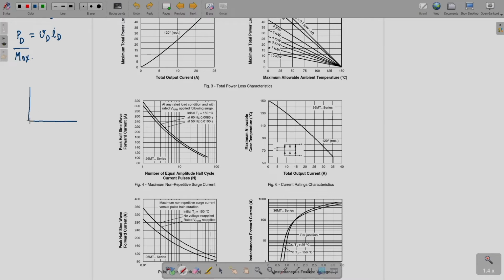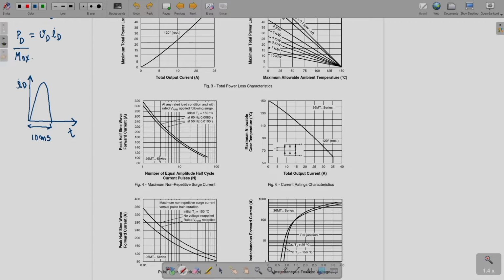Now, what it means is what I have discussed before this. For a half sine wave, if you are going to pass more current, then what is the usual current rating of the diode? This will correspond to a 50 hertz or 60 hertz cycle. If it is a 50 hertz cycle, this is going to be 10 milliseconds.